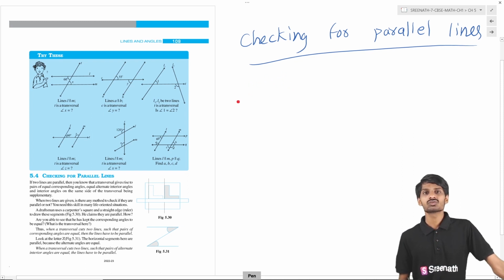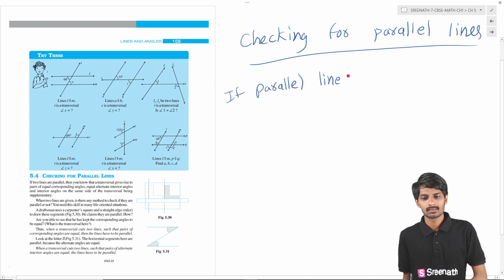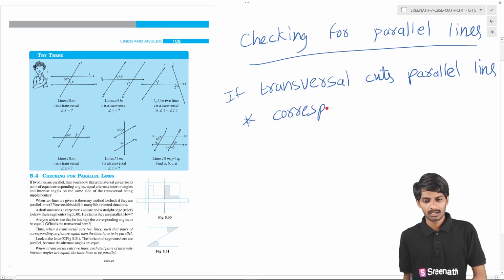We know three results. If a transversal cuts parallel lines, then what are the three conditions, students? First, corresponding angles are equal.